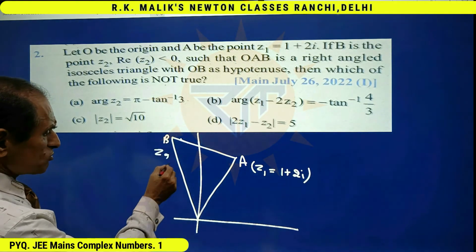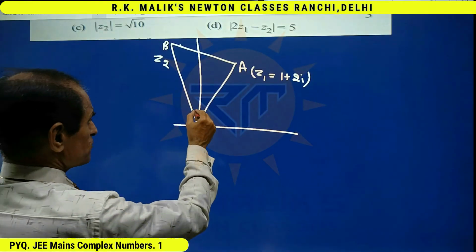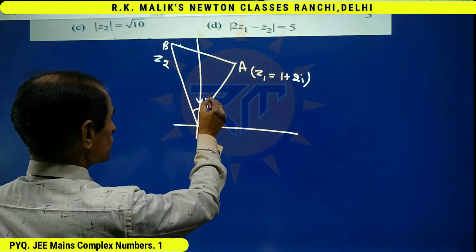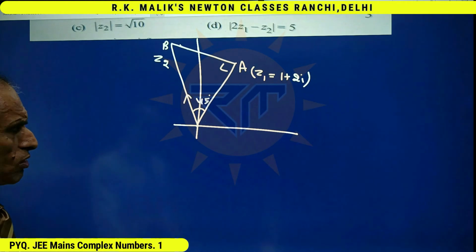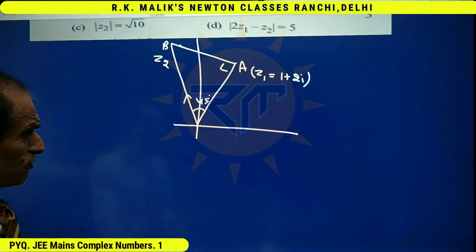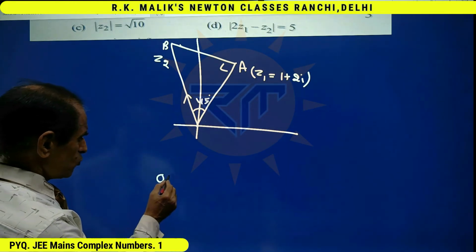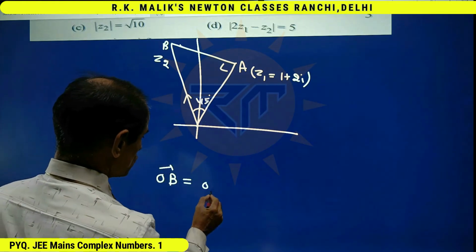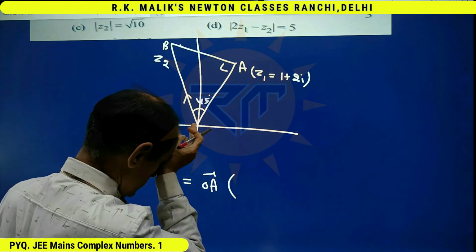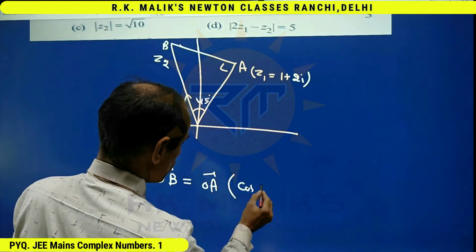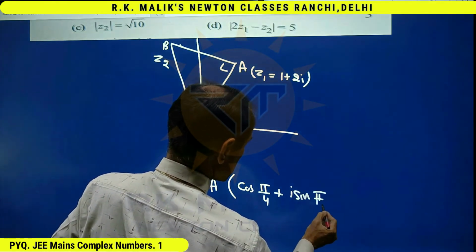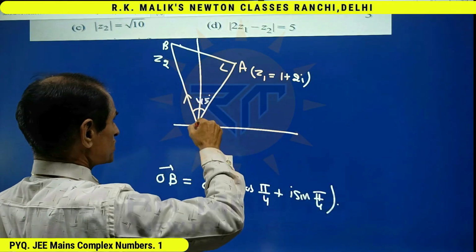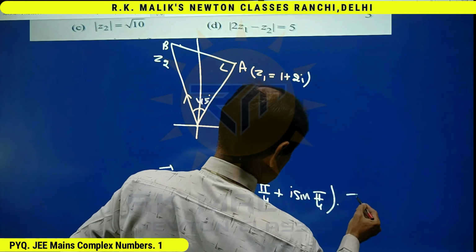As it is given that the affix of B is Z2, and because this angle is sure to be 45 degrees, because it is a right angled isosceles triangle, hence using the Coni's formula, or you can also say rotation formula, I can say that OB is equal to OA into cos pi by 4 plus i sin pi by 4, into final length upon initial length, which is root 2.